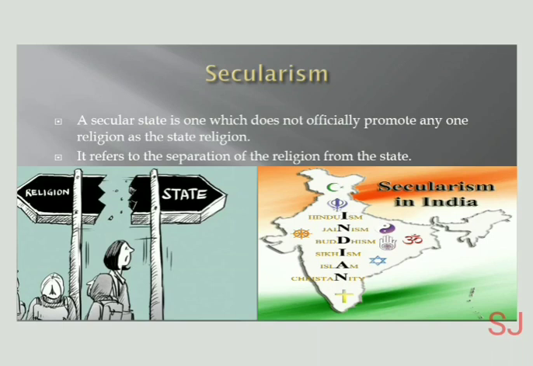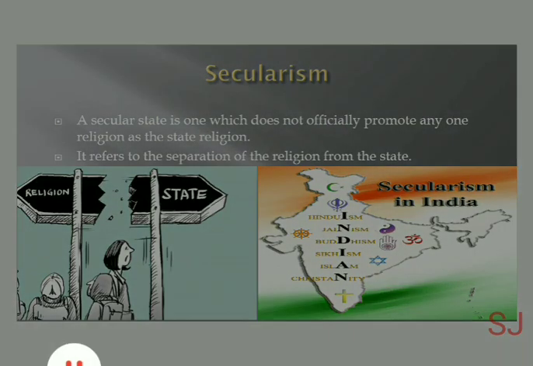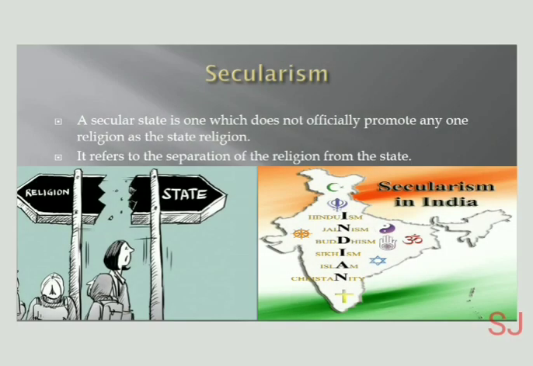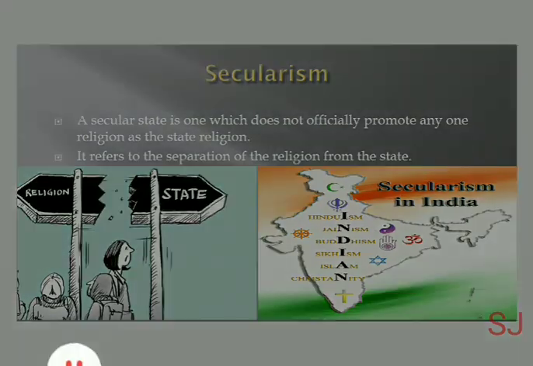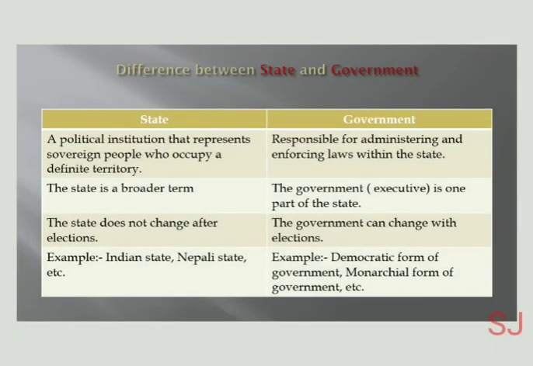India became a secular state in 1976 with the 42nd amendment of the Constitution of India. With this, India doesn't have any official religion. The laws of the country work in several ways to prevent religious domination or discrimination, which we are going to discuss in the next video of chapter 2.